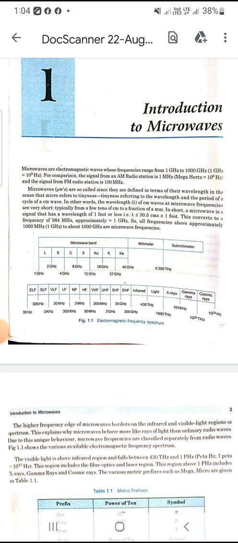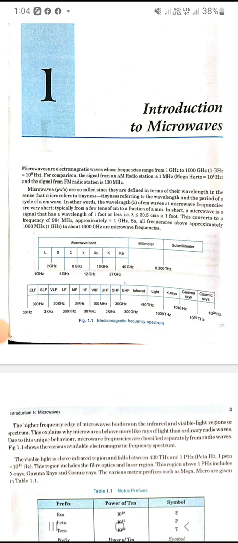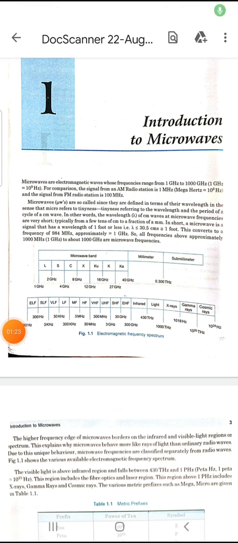Let us have a look at the diagram. In this diagram, the uppermost figure indicates the microwave band, and the lower diagram indicates the electromagnetic frequency spectrum.